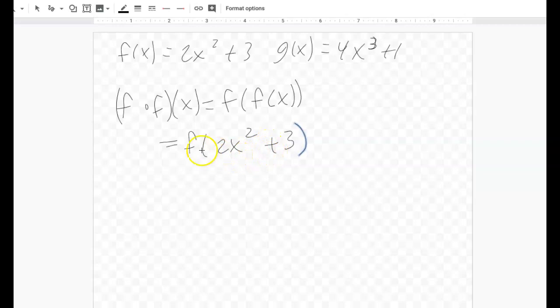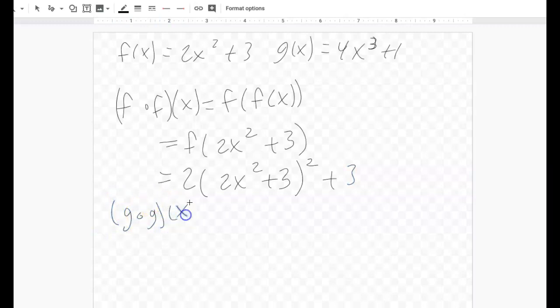And now we're going to evaluate f at 2x squared plus 3. We're going to plug 2x squared plus 3 into x. So we'll have 2 times 2x squared plus 3 squared plus 3. And again, we should multiply the 2x squared plus 3 squared out and distribute the 2 and then add the 3. But because of time, we're just going to go ahead and denote the compositions.